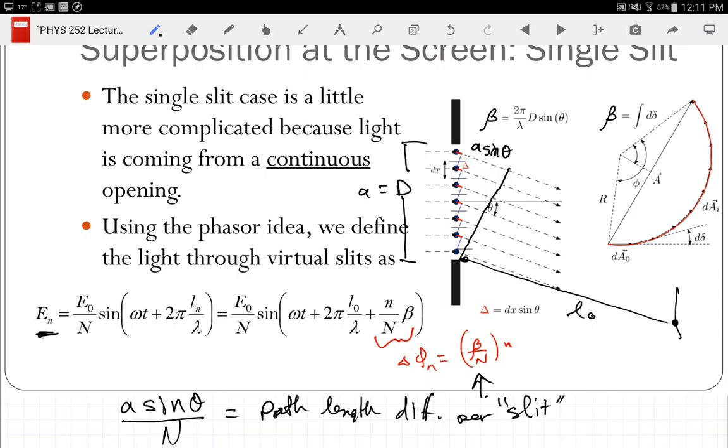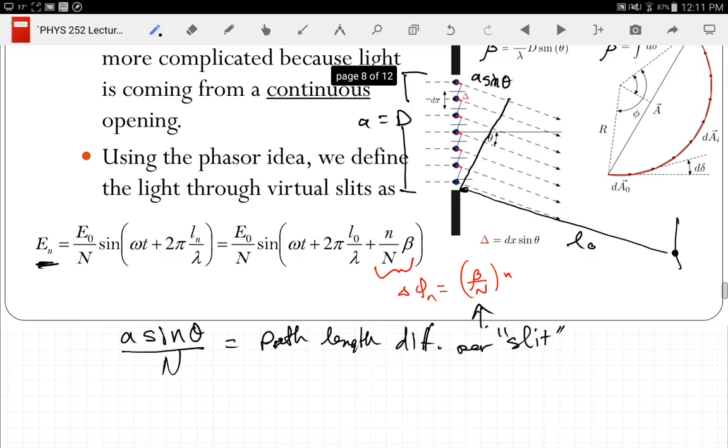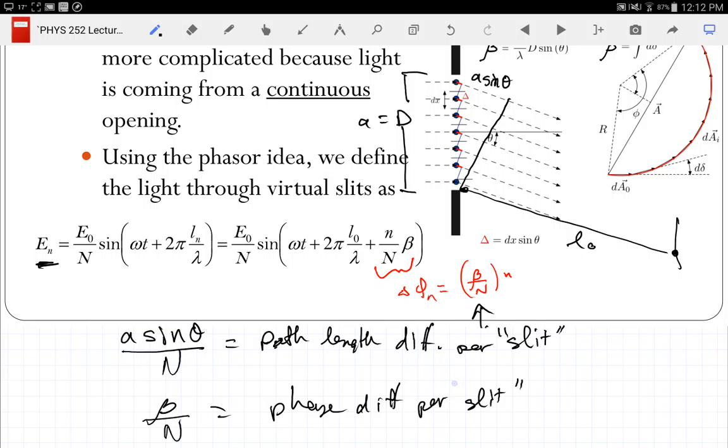And so I have here the path length difference per slit, and so beta over n is the phase difference per slit. And then you just multiply that by lowercase n, so for the nth slit you have that much change in phase.